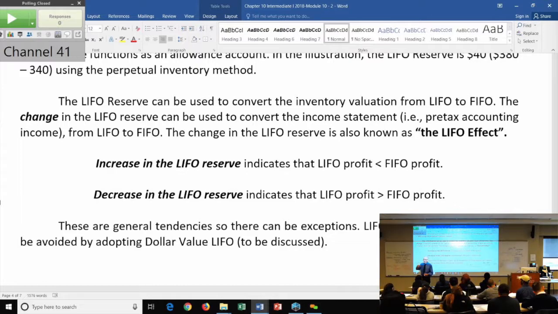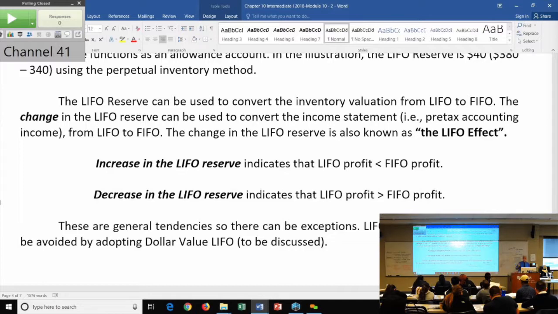Add the reserve back, and you'd get the FIFO inventory. So if you take the footnote, add it back to the balance sheet, you get the FIFO numbers. So you can convert it.